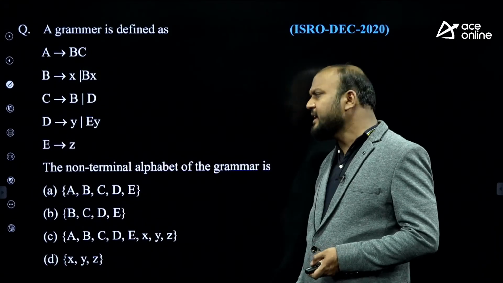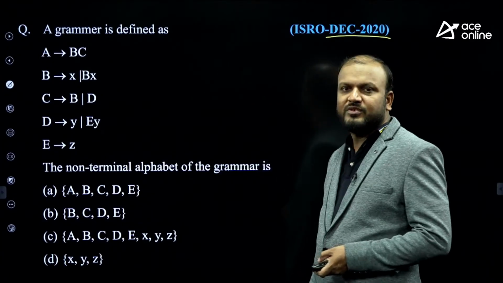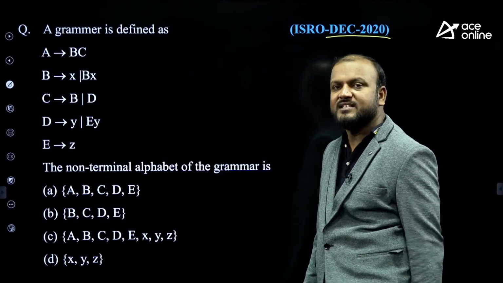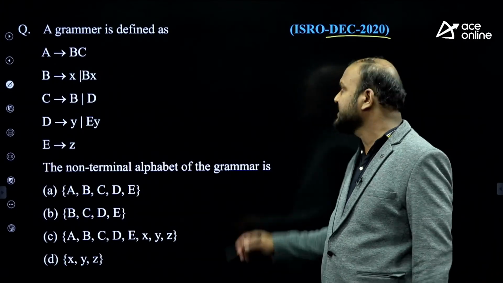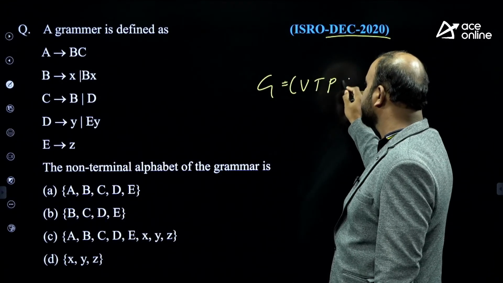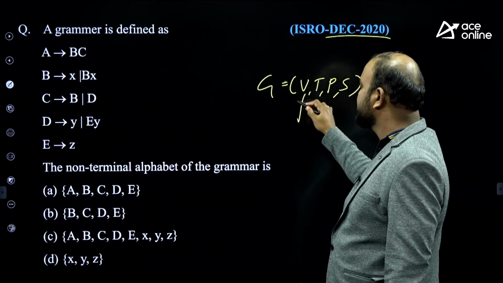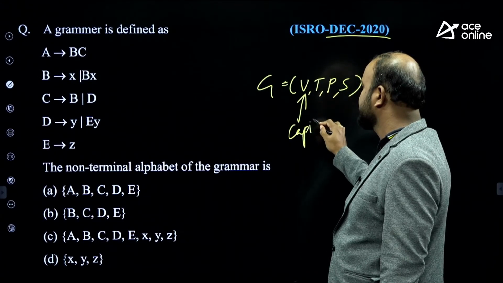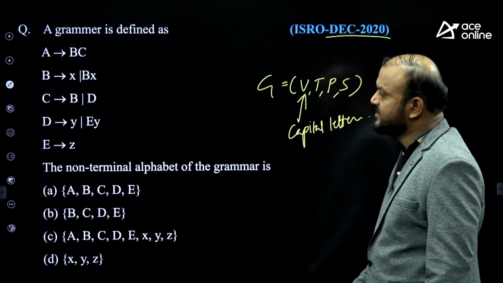Now look at this. This is a very basic question asked in 2020. If you know the basic terminology, like what is grammar, grammar is defined with 4 tuples V, T, P, S, and V is non-terminals, and non-terminals are represented with capital letters.